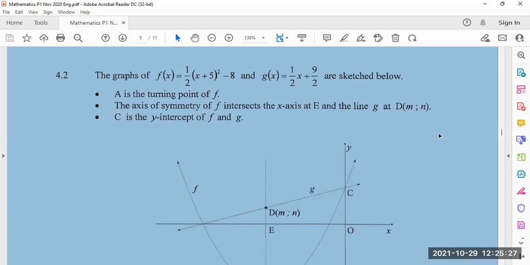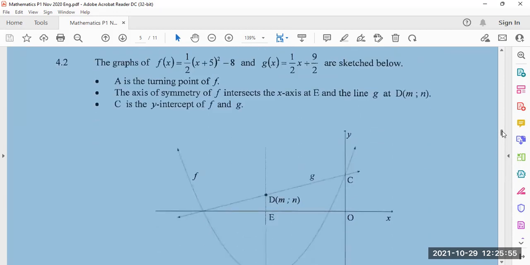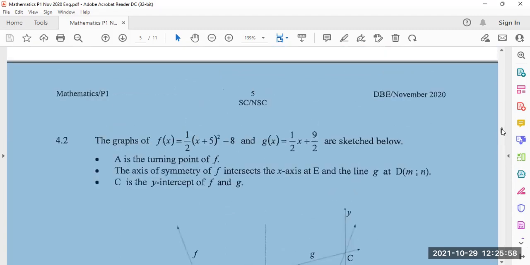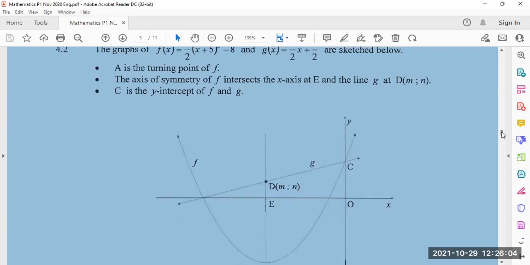So yes, there you go. We have our f of x to be 1 over 2, like I've said, (x plus 5) squared, minus 8. And our g of x to be 1 over 2 x plus 9 over 2, okay? This is what we are given. Now, they're saying here, A is the turning point of f, as you can see there, and the axis of symmetry of f intersects the x-axis at E, and the line g is drawn.